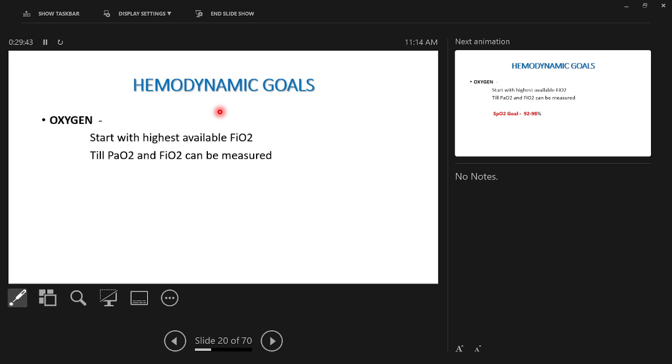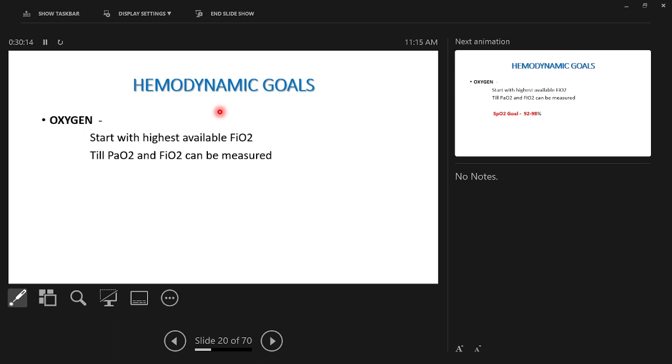Then what are the hemodynamic goals regarding oxygen? Any patient who presents post-ROSC, we will initially start with the highest available FiO2. As we do in our ED, after intubation, we will start the patient with an FiO2 of 100%. Then what is the target level of SpO2 that we have to maintain? As per the 2020 AHA guidelines, until we get a value of SpO2 or PaO2, that is, until we are able to get a pulse oximetry reading, we should start the patient with the highest available FiO2.